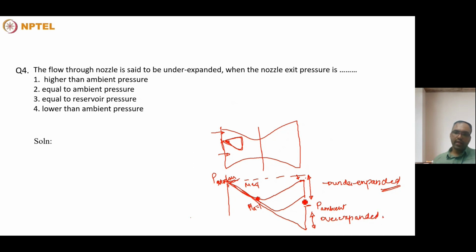So when the pressure at the exit is greater than the ambient pressure, the complete expansion is not achieved, and the flow is said to be underexpanded. So the answer to this problem is higher than the ambient pressure.